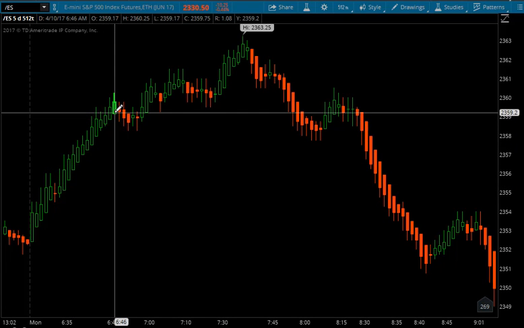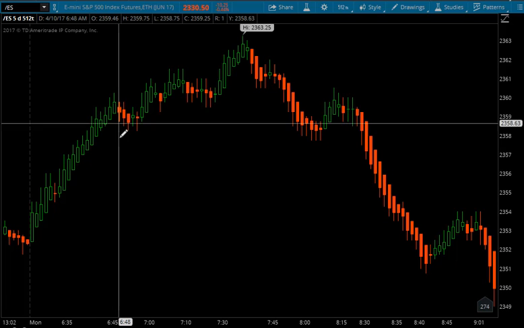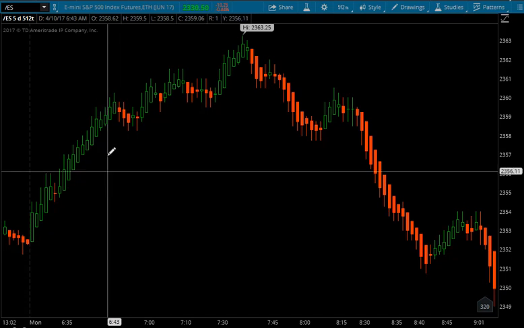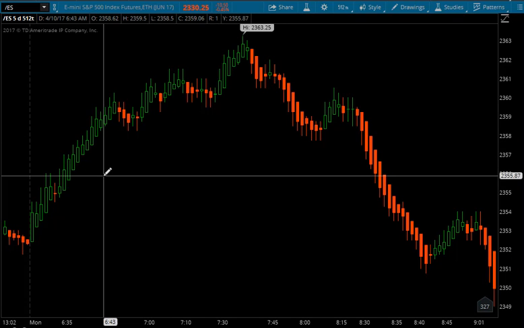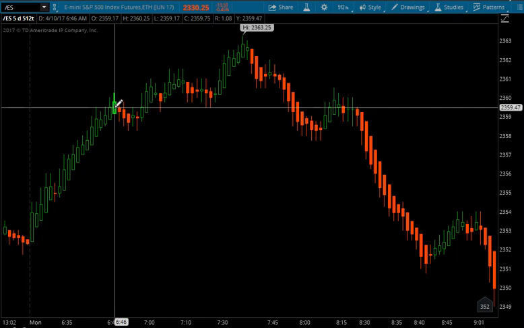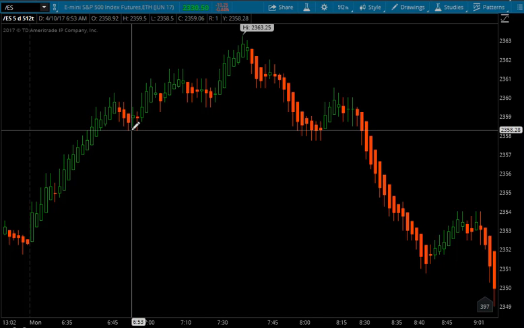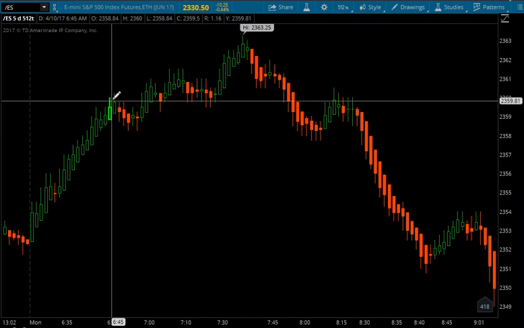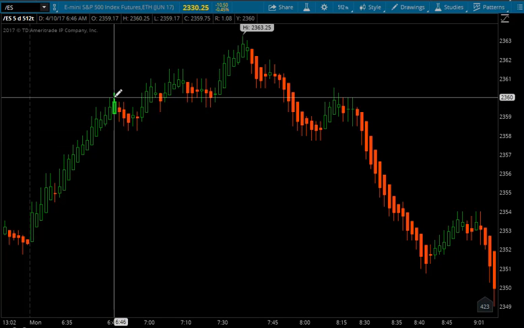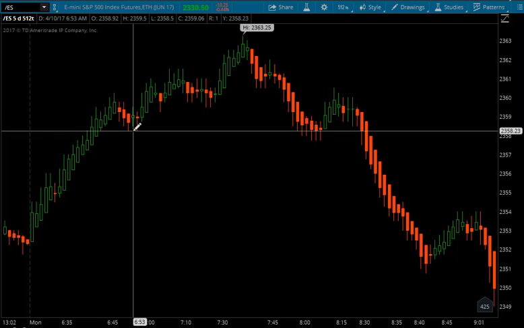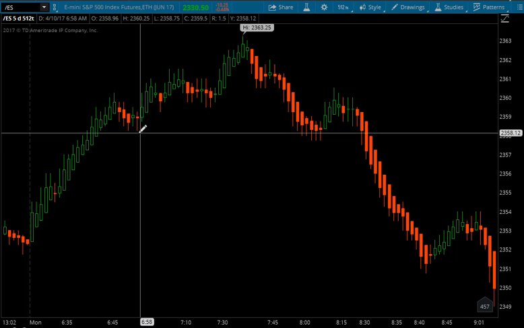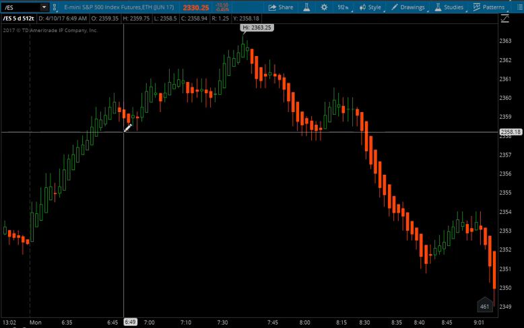Then the third approach that I like to use, and you could do this with the last contract, the third contract if you're trading 3, or 2, 2, and 2 if you're trading 6, is to trail each swing low on the way up. And so the way that would work, you let the market make a new high, it pulls back, and then it makes another new high, so you can put your stop underneath the swing low.